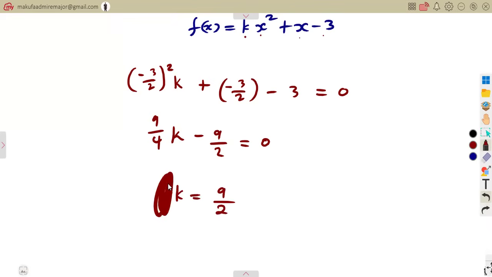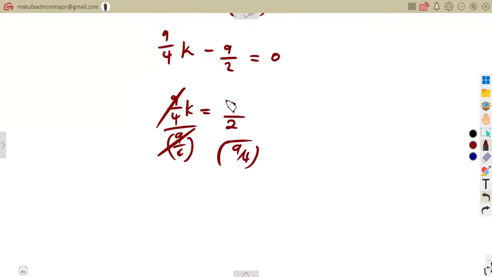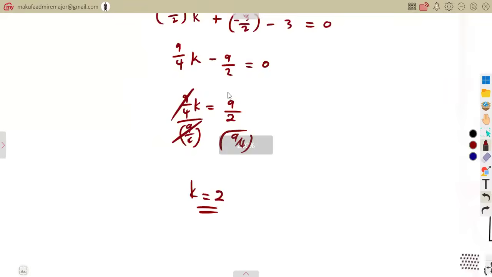So to find the k, divide by what is multiplying, 9 over 4. Or you can do those cross multiplication, guys. It's in your hands. Just divide by 9 over 4. This can cancel. So those two terms, divide them on the other side. Okay, that was k was going to give you a 2.